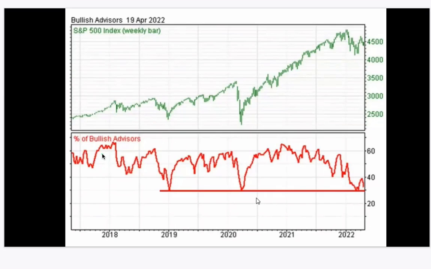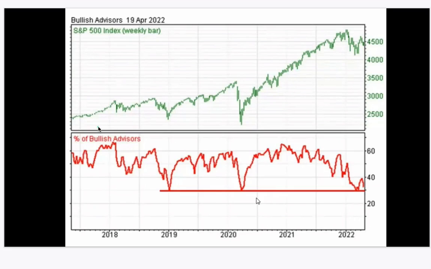So people are pointing out another interesting thing, and if we look at this graph, they're pointing out that we're nearing the bottoms of the previous times when we've been touching this 30% bullish advisors line, which has been coinciding with the market bottoms. And certainly there could be a case to say that we are nearing a bottom because we are seeing the bullish advisors being so low.